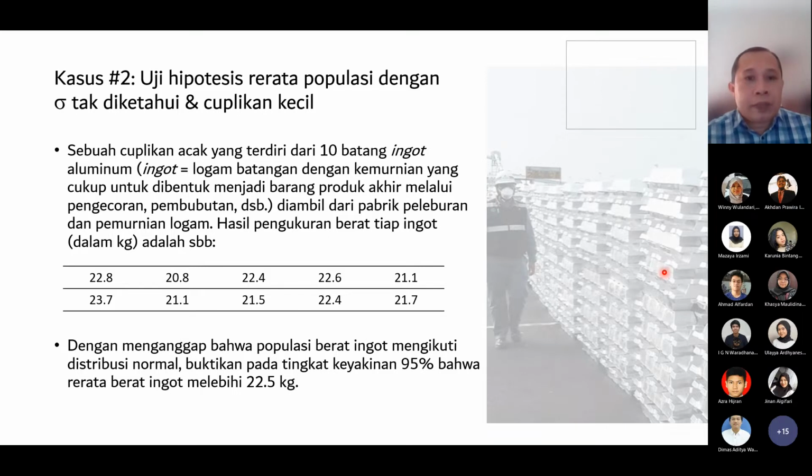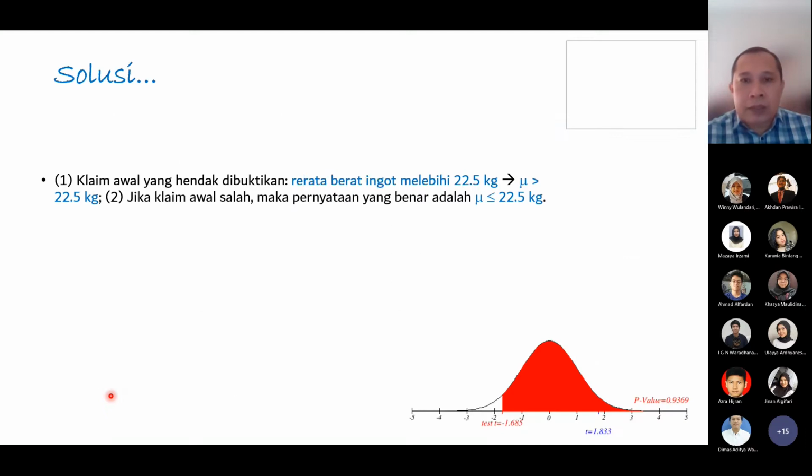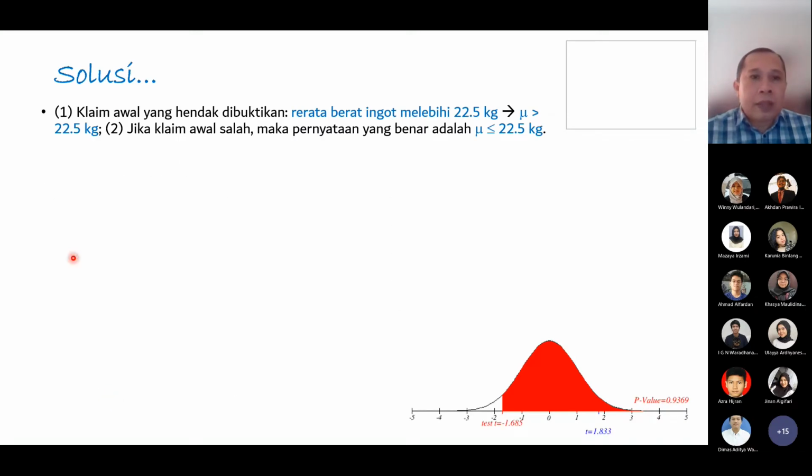Okay? So we take 10 pieces of aluminum ingots and measure their weights and we obtain these numbers. And we would like to prove that the average weight of ingot per piece exceeds 22.5. So let us see how the claim looks like.